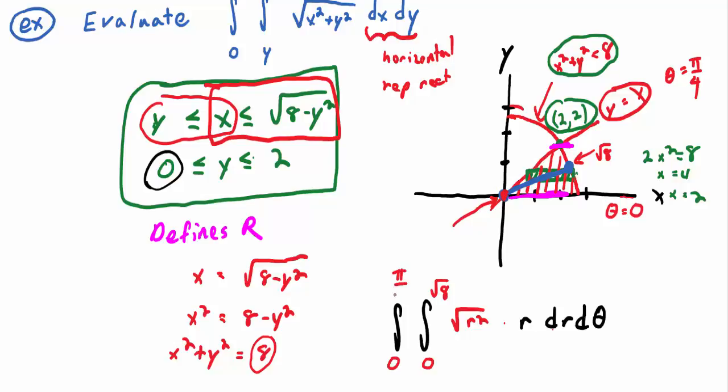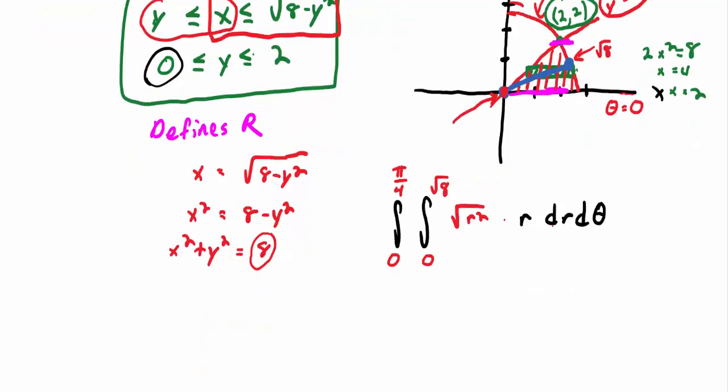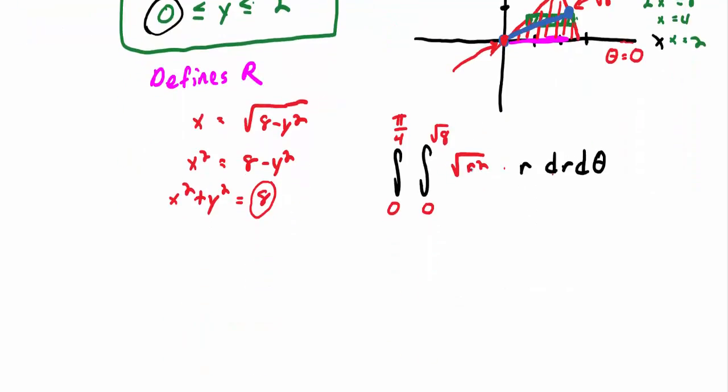Look how much better this integral is. In fact, it gets even better because if you take the square root of r squared, you get r. R times r is r squared. And you get the integral from 0 to pi fourths of the integral from 0 to square root of 8 of just r squared, dr d theta.